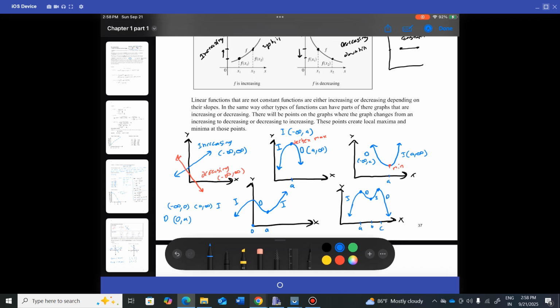So it's increasing from negative infinity to A, and from B to C. It's decreasing from A to B and from C to infinity.